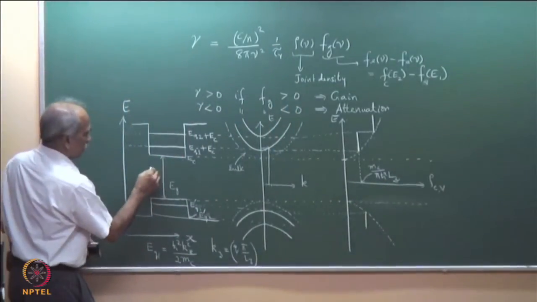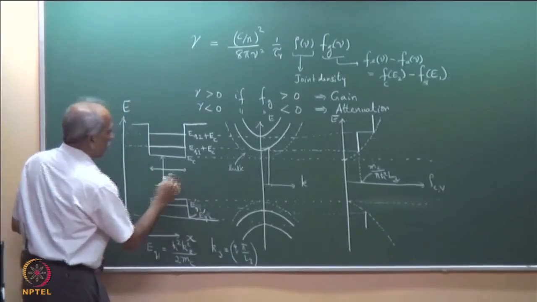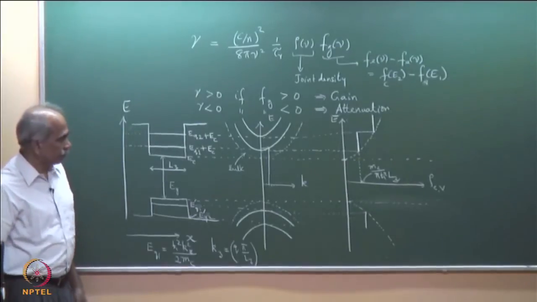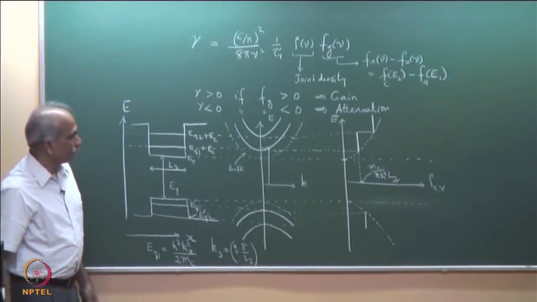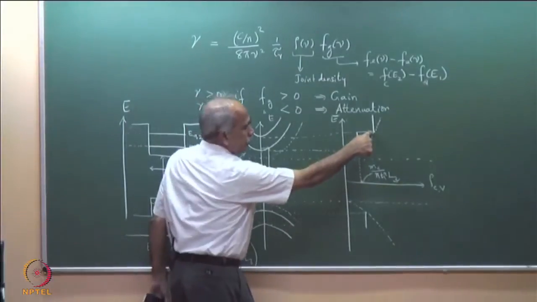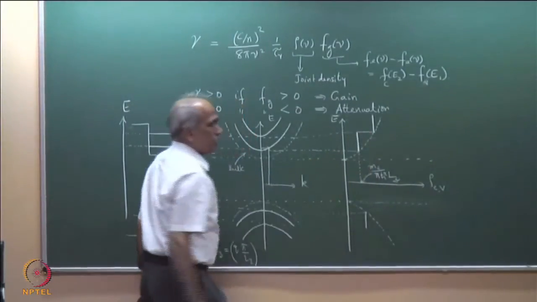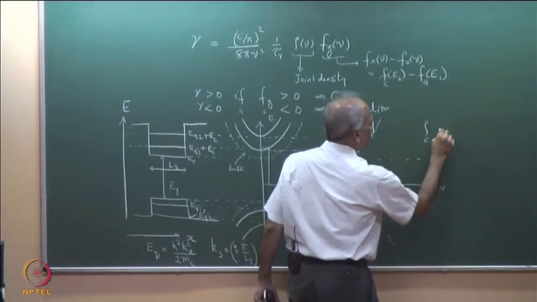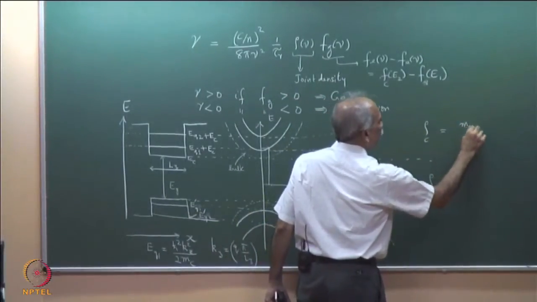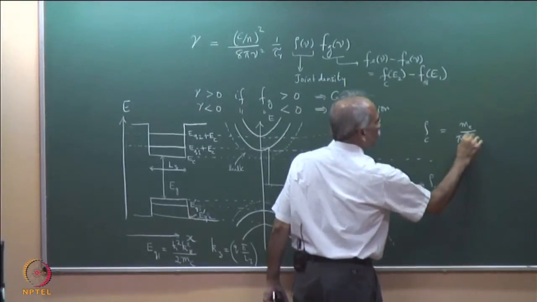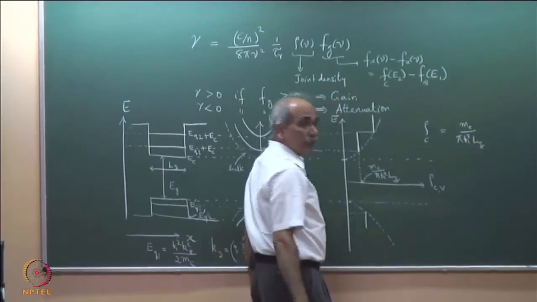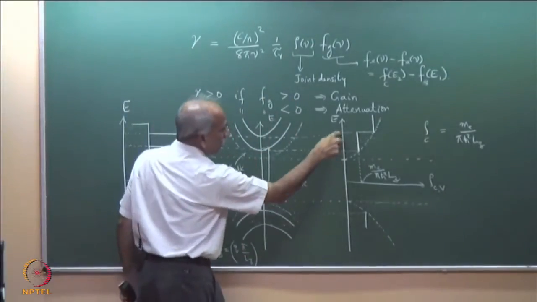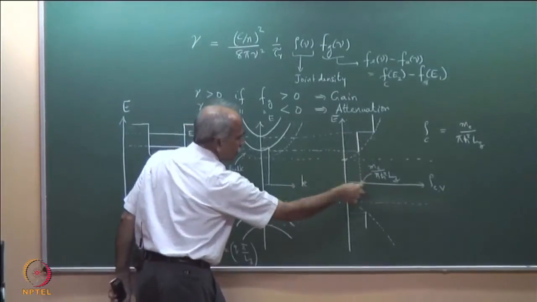Lz is the dimension of this; I had taken the width in the z direction as Lz. So, rho c was equal to mc divided by pi h cross square Lz up to Ec plus Eq1, and beyond Ec plus Eq1 up to Ec plus Eq2 it is constant.